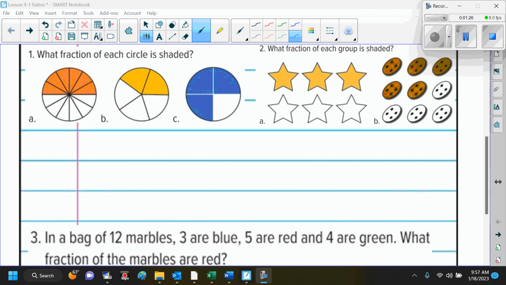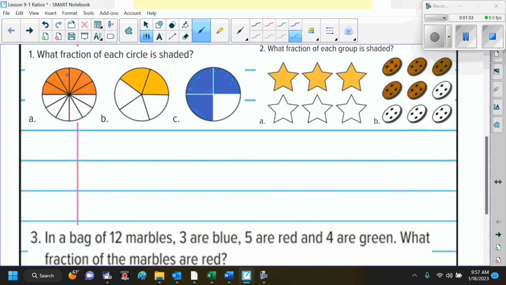All right, so here we have some pictures, some diagrams, and we're going to write ratios with them. Number 1 says, what fraction of each circle is shaded? Here, we're going to write them as a fraction. How many are shaded?